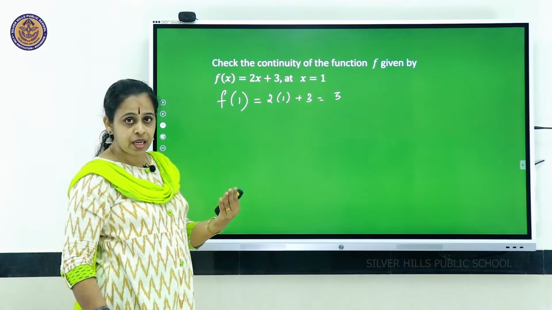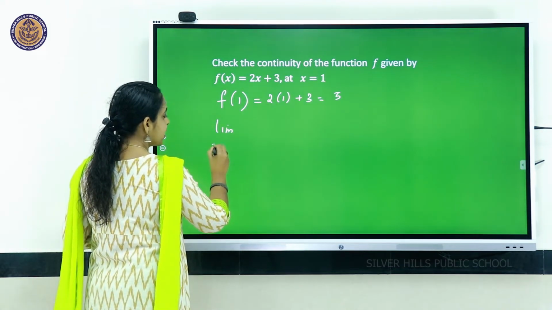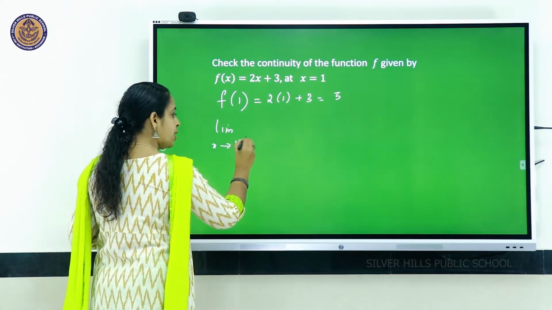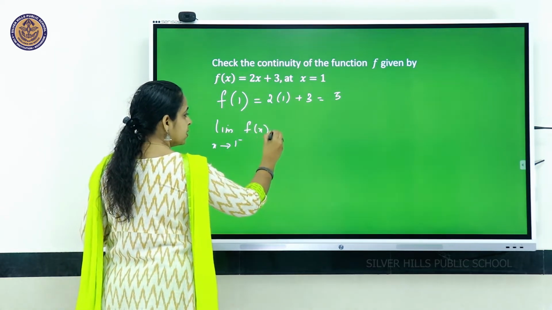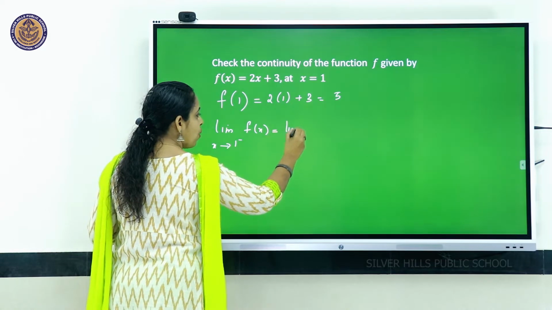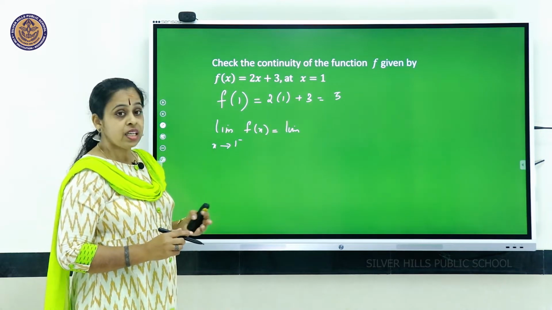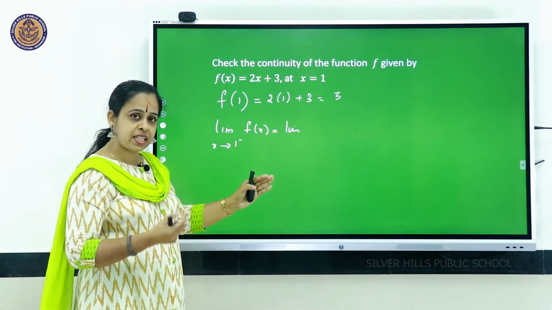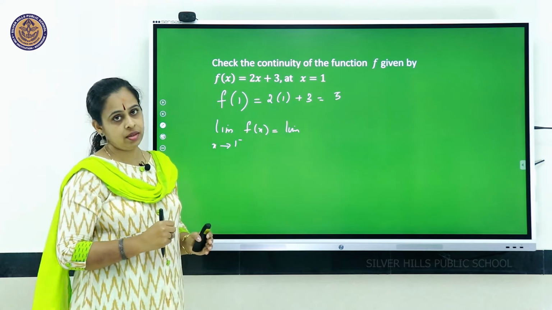Here, the left hand limit, if I take limit x tending to 1 minus, to the left side, f of x, then also the value is not changed. Correct? When we take from the left side, that means close to 1 but not 1.